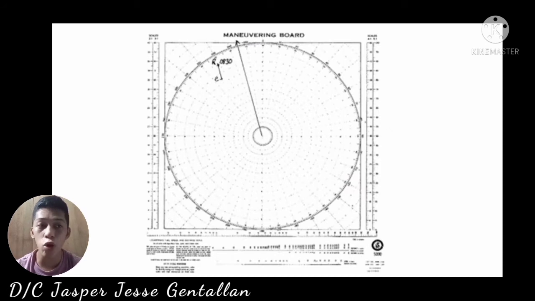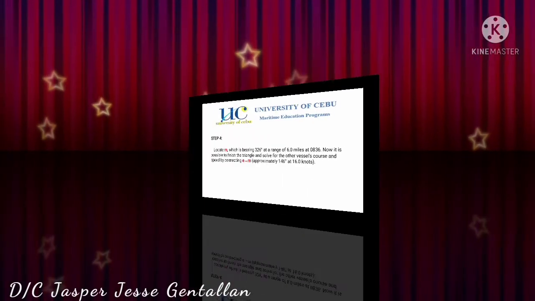Parallel the course line 345 degrees, which is our vessel's heading, over to R, and draw it backwards away from R. This represents our E. Label it with E, a small letter E, representing the reference of our ship. So remember, the course is from E to R.